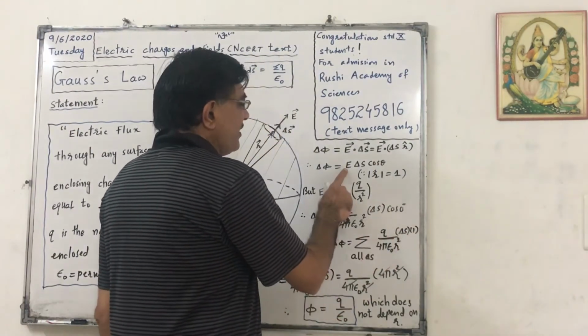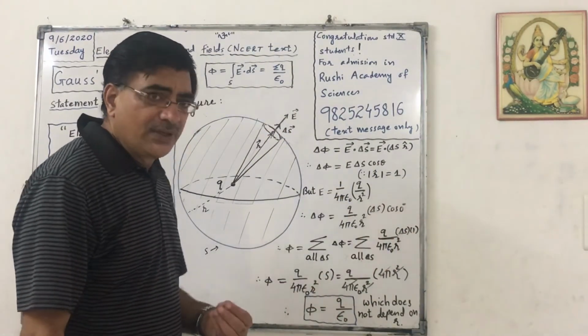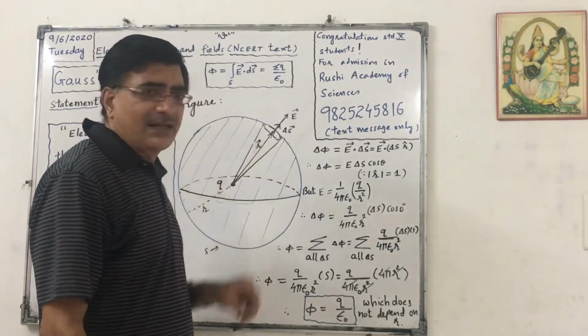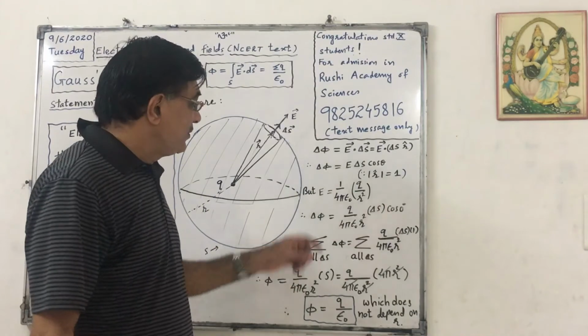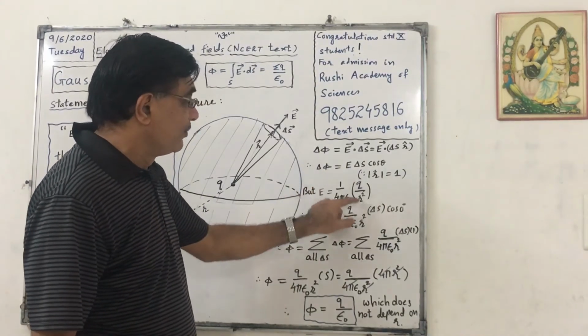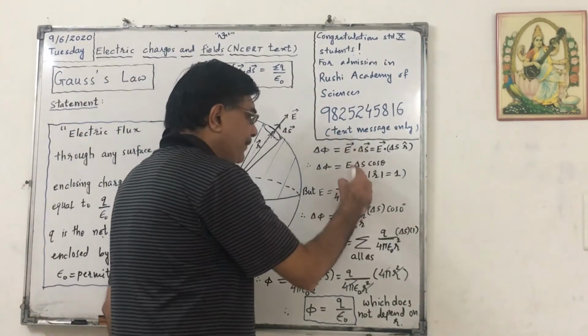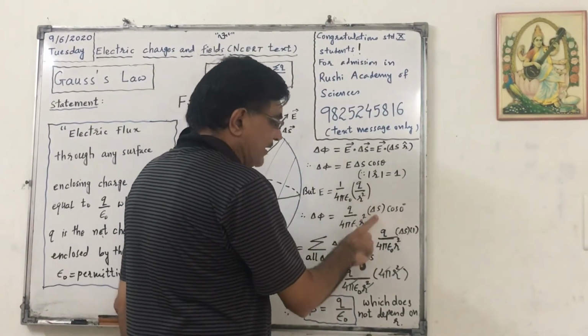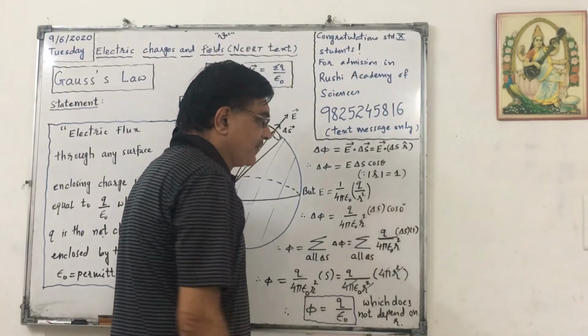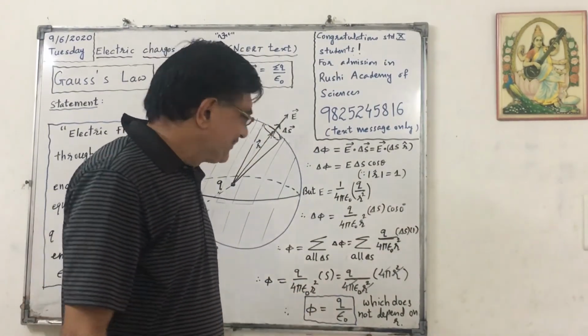And what is E? Electric field produced by Q at distance r. The formula is kq by r square, but in place of k we write 1 upon 4 pi epsilon naught, into q by r square. So replacing, it is q upon 4 pi epsilon naught r square, into delta S cos 0, but we know that cos 0 equals 1.